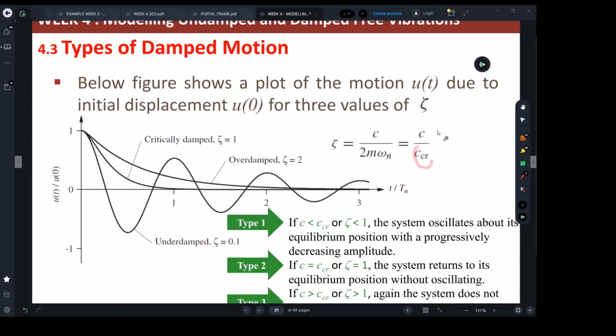If we are in this situation, then they found the equation can be solved and it will give us a curve like the one I'm highlighting. What does this practically mean? It means that if you disturb a system and release it, whether you loaded it or displaced it, it will go to 0 straight away.